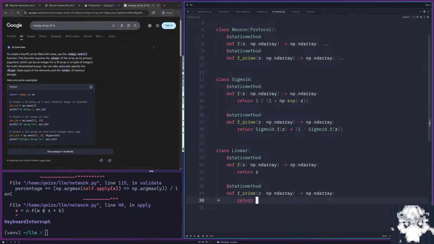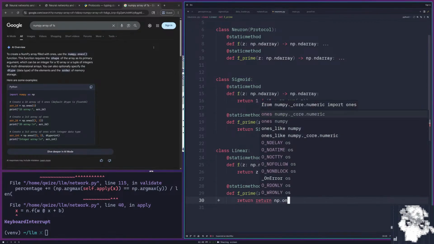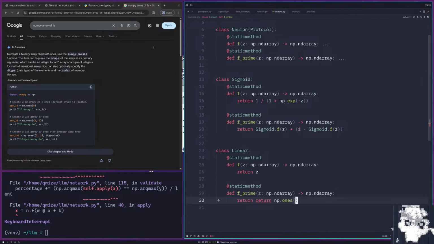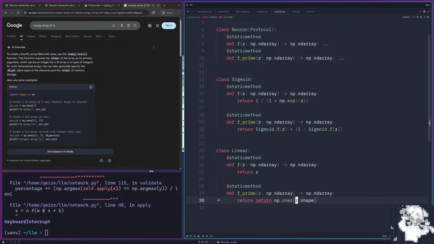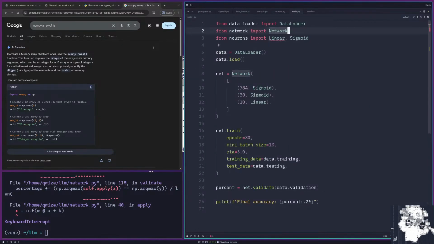So what if I return np.ones z.shape? Now, yeah, so now we've got sigmoid, sigmoid, linear.